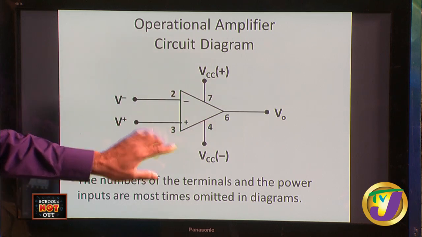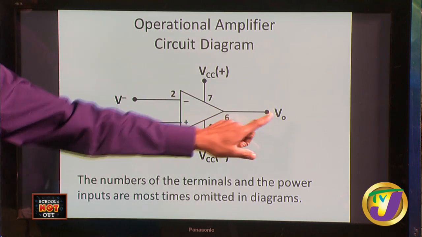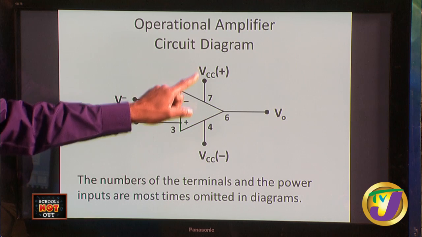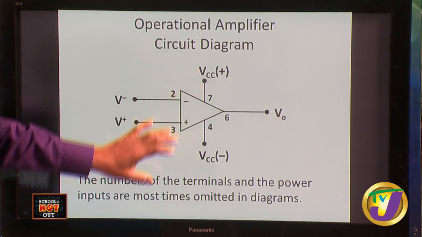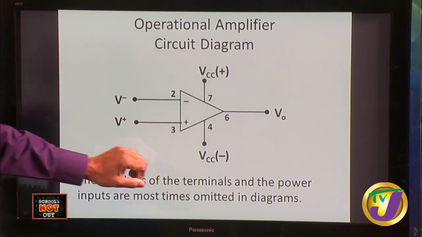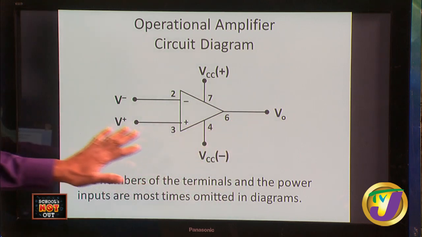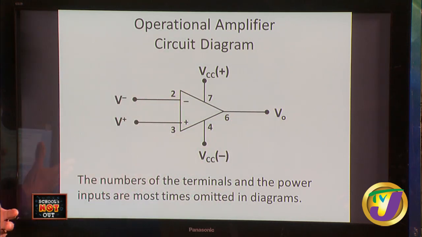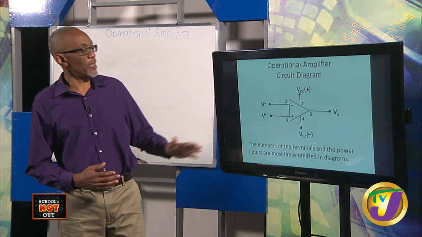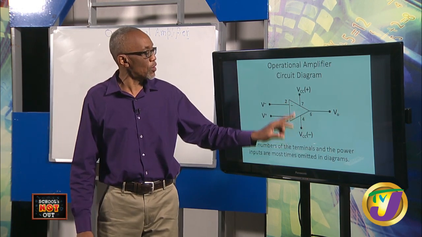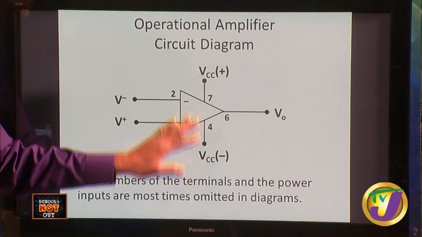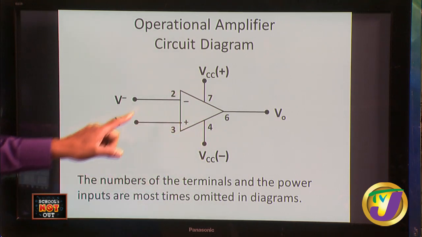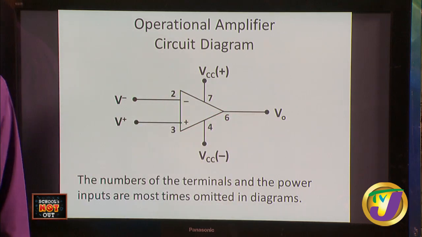This diamond represents the output V out, and these are the power connections, 4 and 7. 7 is positive, 4 is negative. And so this is how we represent an operational amplifier in a circuit. But generally these two are left out. This is understood that it is being powered, and the numbers are also left off, right?